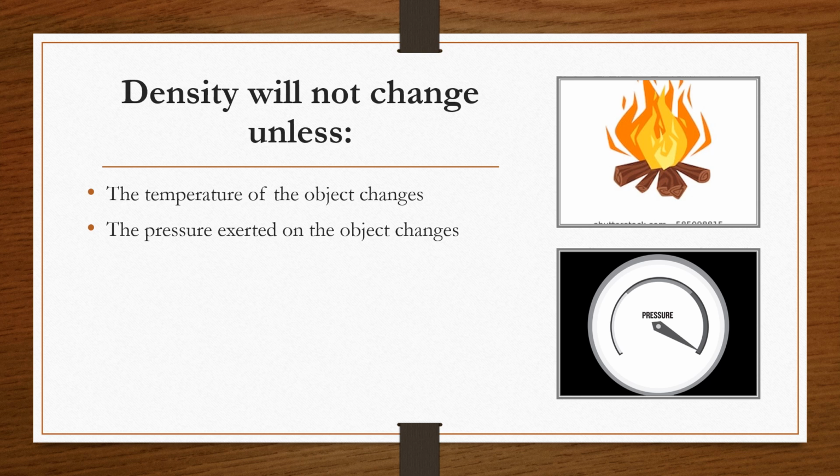So whether we heat it up until it's a liquid or a gas, or we cool it down so that it's a liquid or a solid, that would be a reason that the density for a specific type of material would change, or if we exert more pressure on the object and change how many particles we're packing into a certain amount of space, that would also change our density.